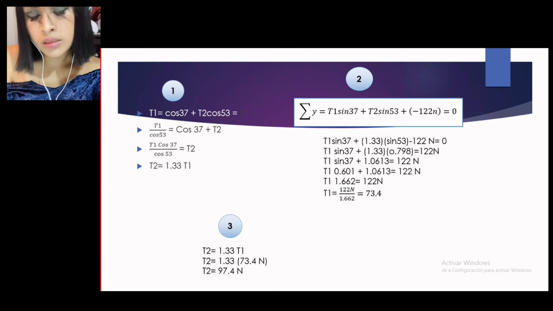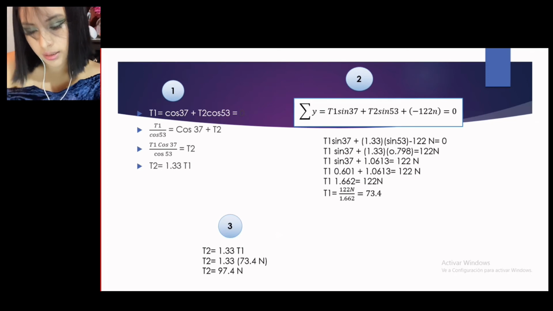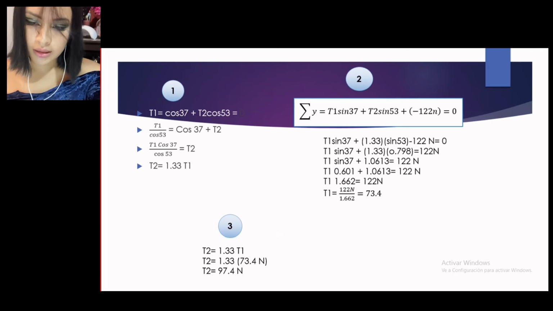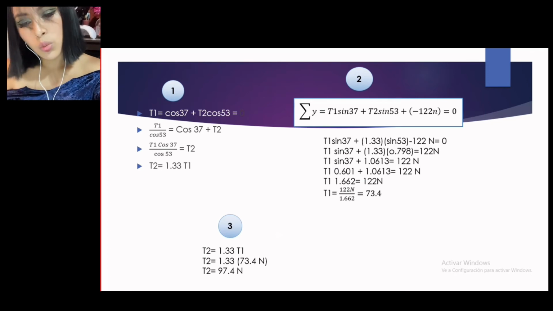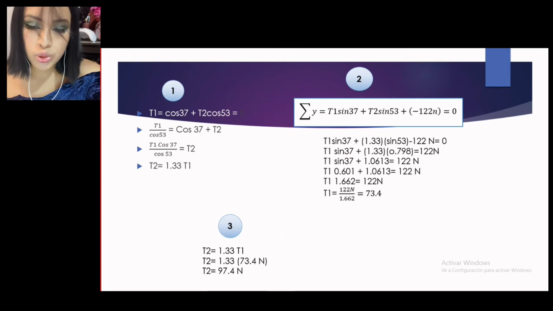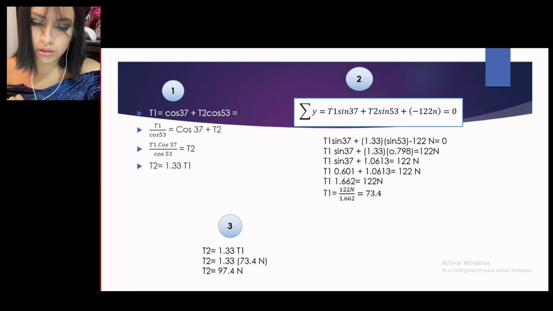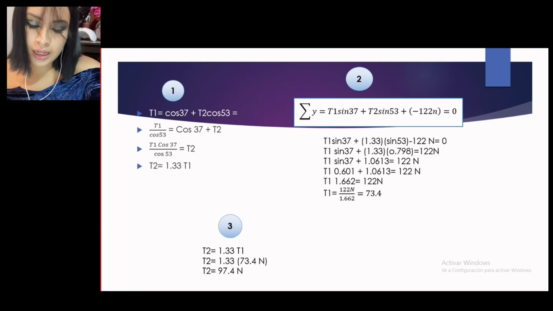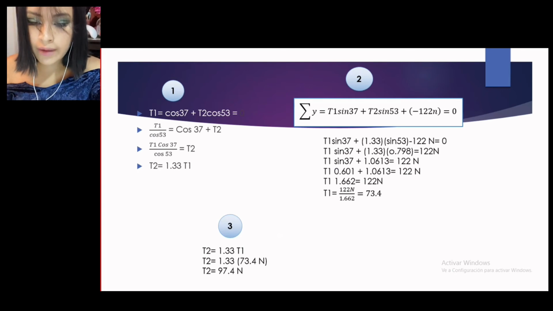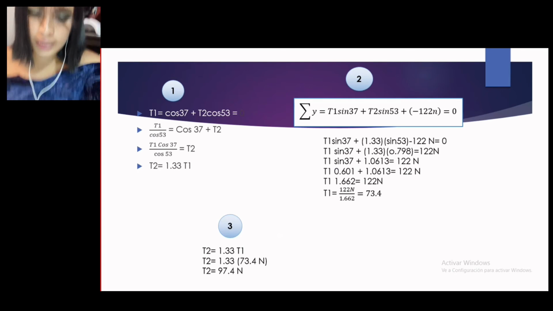So we have 0.698 equal 122 newtons. We do the multiplications, and we have 1.0613 equal 122 newtons, and we calculate sin 37.